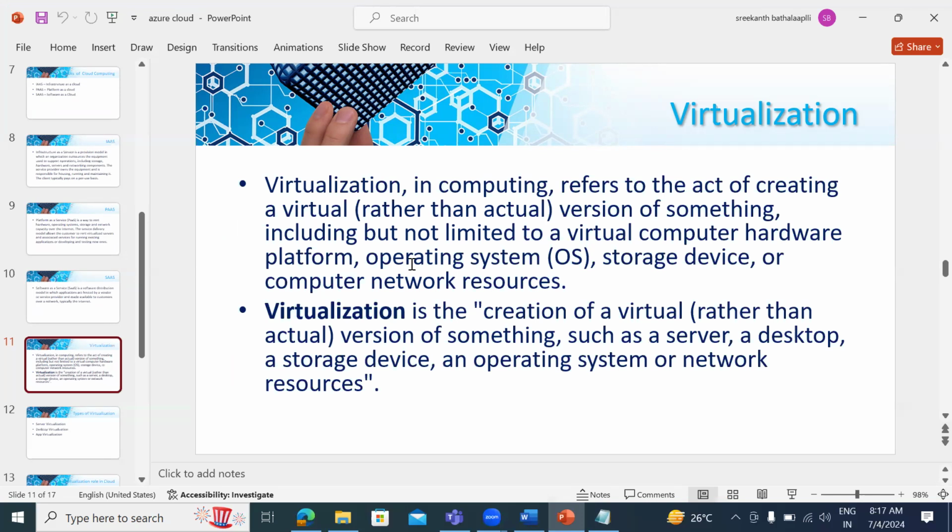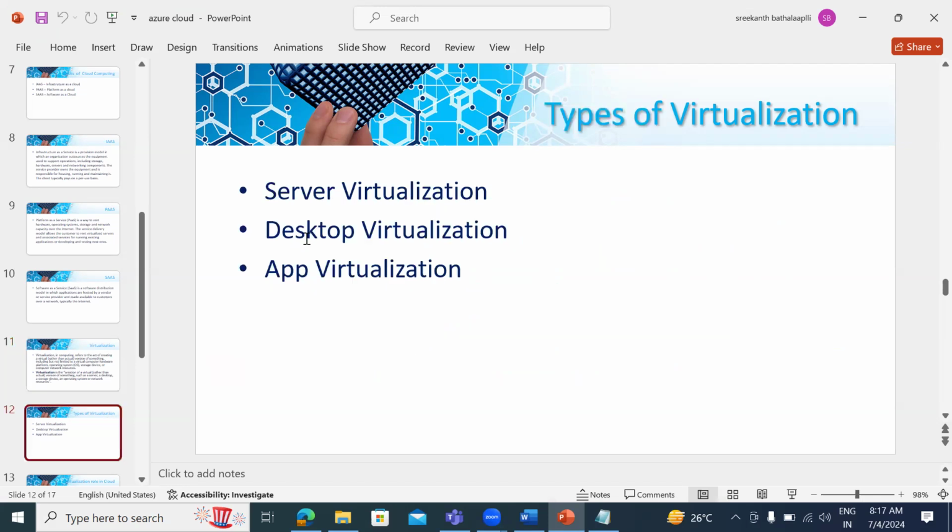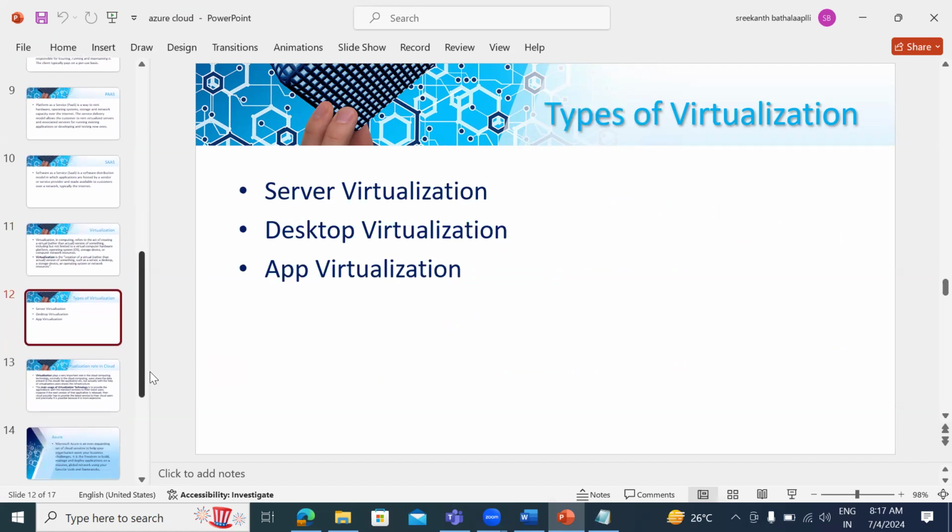Normally we have one physical resource and deliver one server on it. But with virtualization, multiple resources can be delivered. The types of virtualization we have are server virtualization, desktop virtualization, and application virtualization.